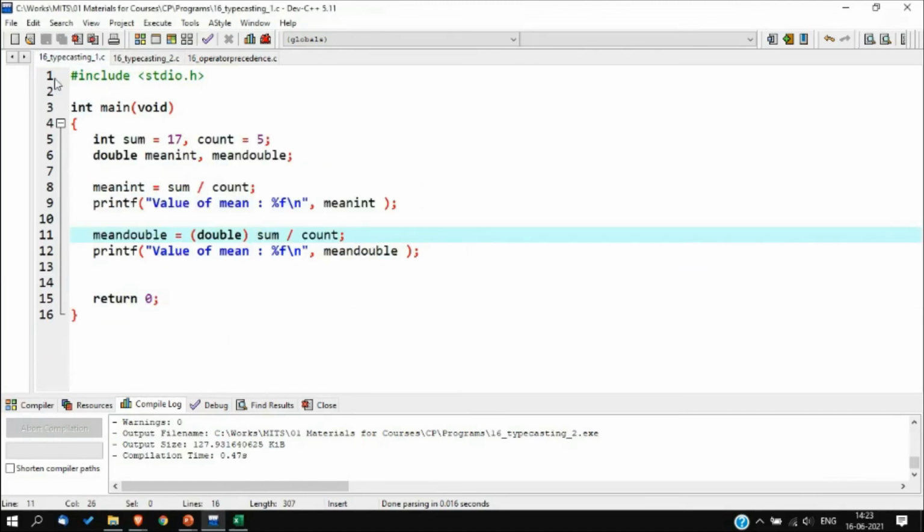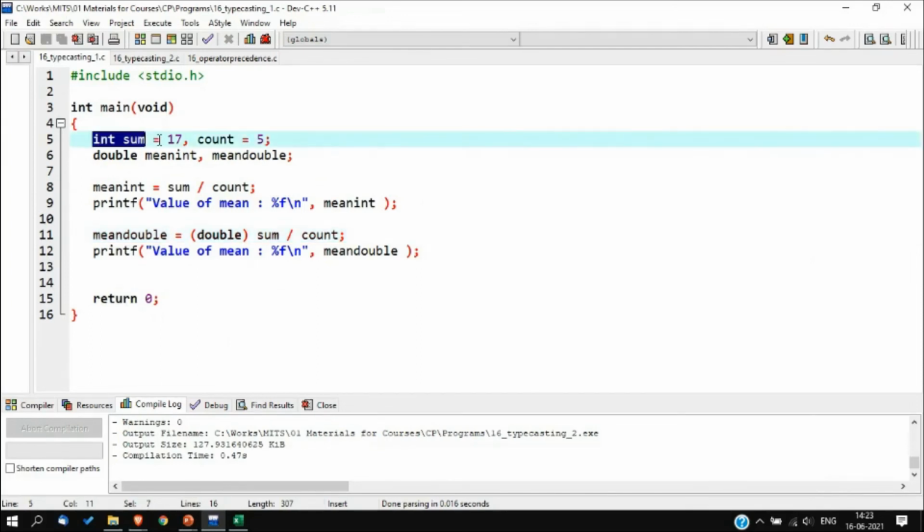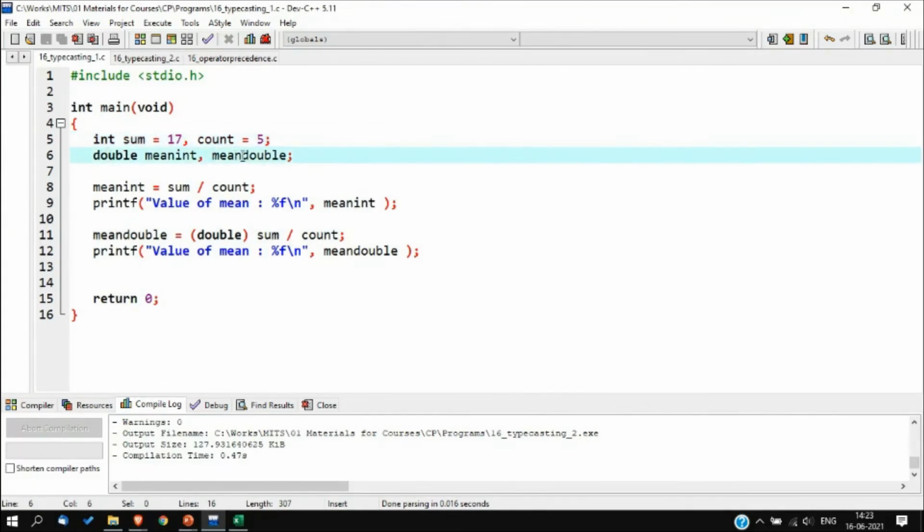Now let us see an explicit data type conversion. So in this case, integer sum is defined as 17 and count is defined as 5. And two double variables are declared, mean integer as well as mean double. So in this case, the mean integer is defined as a double, and here we are doing an integer division.